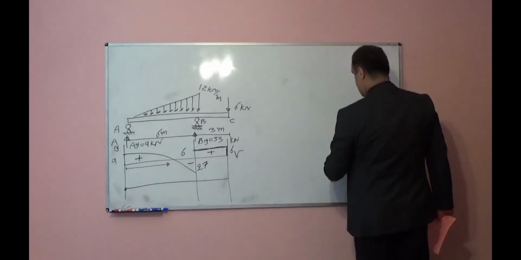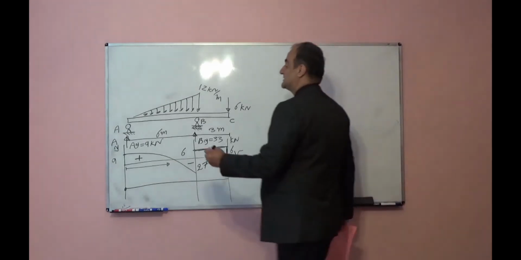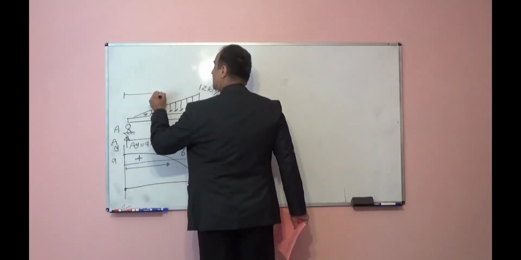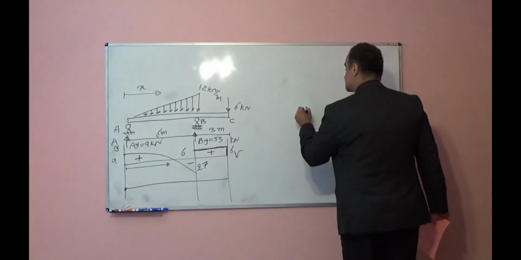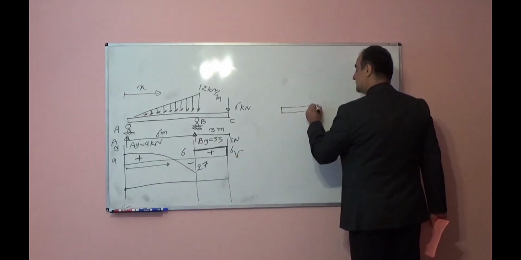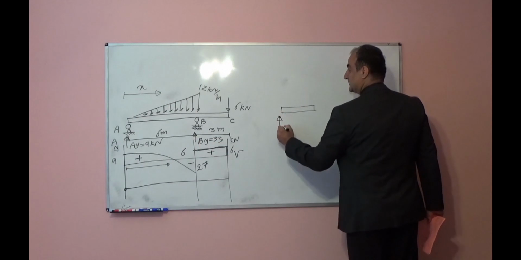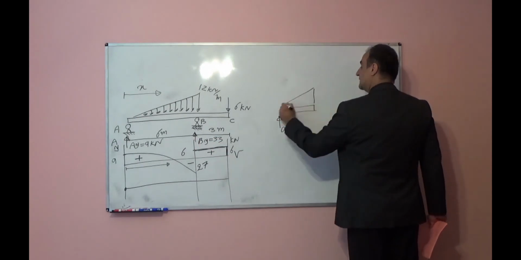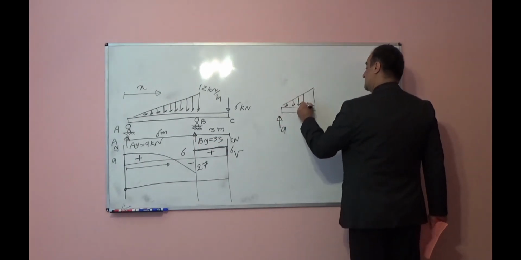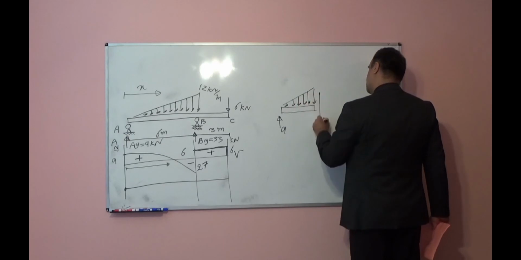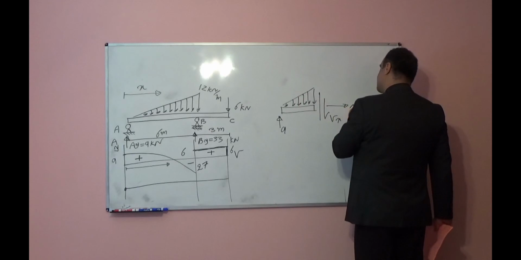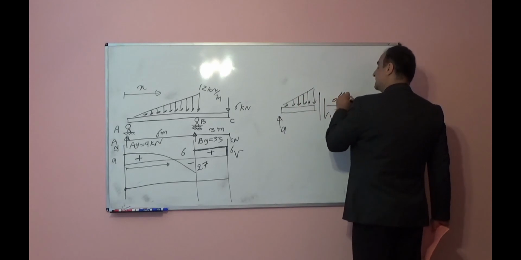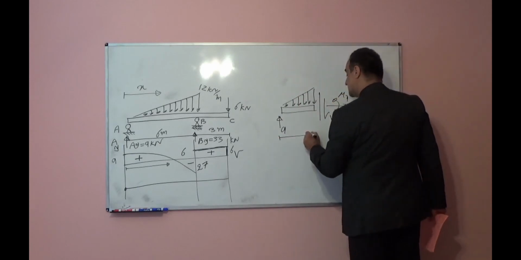You can cut at x distance and show free body diagram and put shear force equal to 0. So this is 9, Vx, Nx, Mx at x distance.